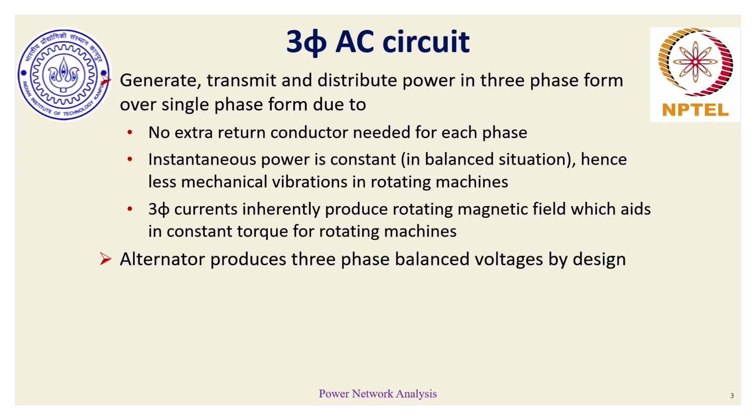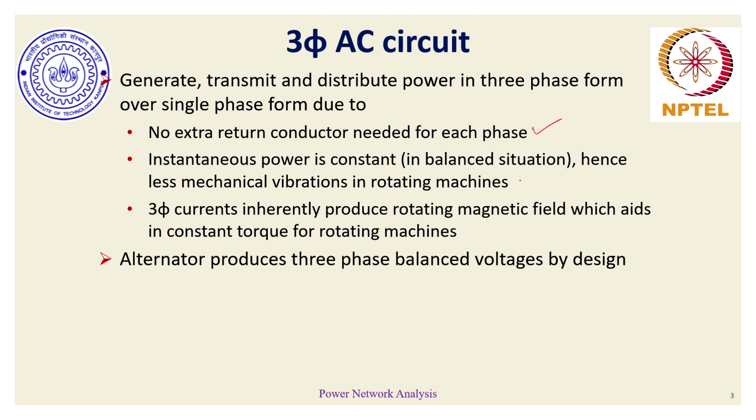So, towards the end of the last lecture, we discussed the nature of three-phase AC systems, how the natural form of power generation is inherently done through three-phase AC circuits or networks because it provides certain advantages, one of them being there is no need of an explicit return conductor.